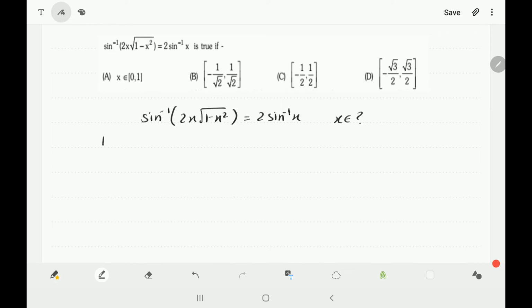What we'll do is consider the right hand side, 2 sin inverse x. So let's consider sin inverse x as theta. So our right hand side will become 2 theta. Is this clear?